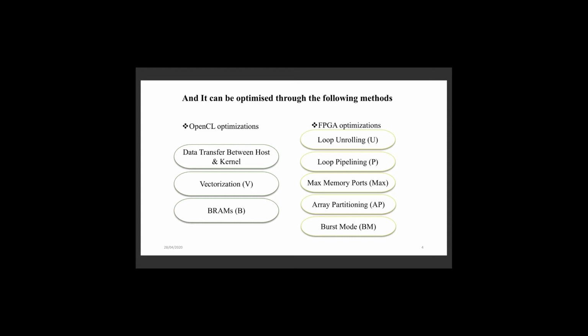On the FPGA side, we have loop unrolling and loop pipelining pragmas, which can be used to map the instruction level parallelism and improve the calculation throughput.